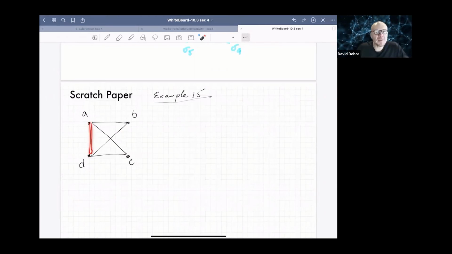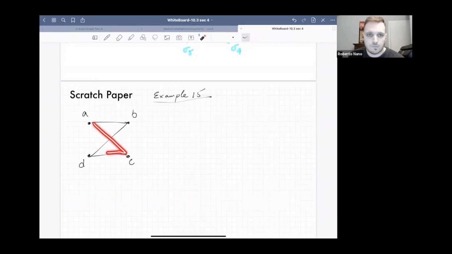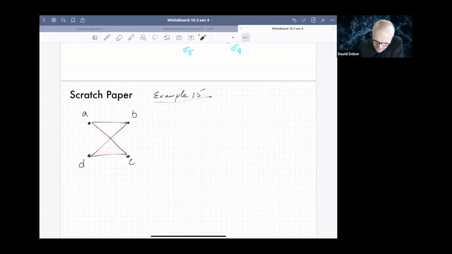If I write down the adjacency matrix of this graph, the entry corresponding to the row headed by A and column headed by D is going to be a 0. There are no paths of length 1. But how many paths of length 2 are there? Well, there's this one, and there's this one. So I have 2 paths of length 2.